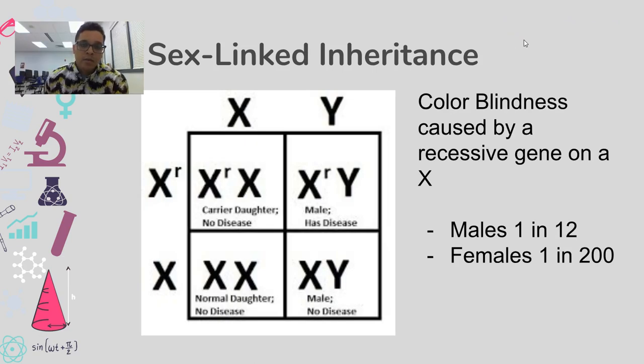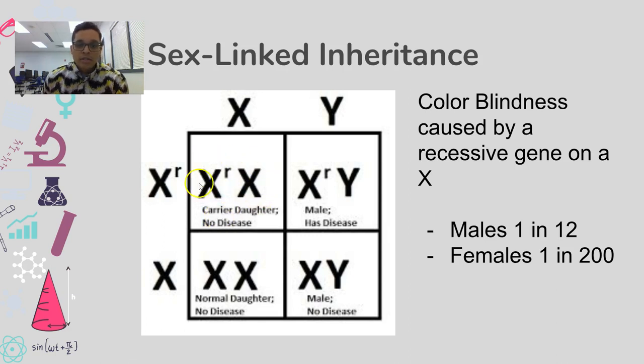Explaining why it gets passed directly from father to son. So color blindness is caused by a recessive gene on the X chromosome. So this mom, she does not have color blindness because she only has one of these X's affected. Okay, so it's denoted right here with this little R. So she donates her X, her affected X, and he gives his X to determine the female.